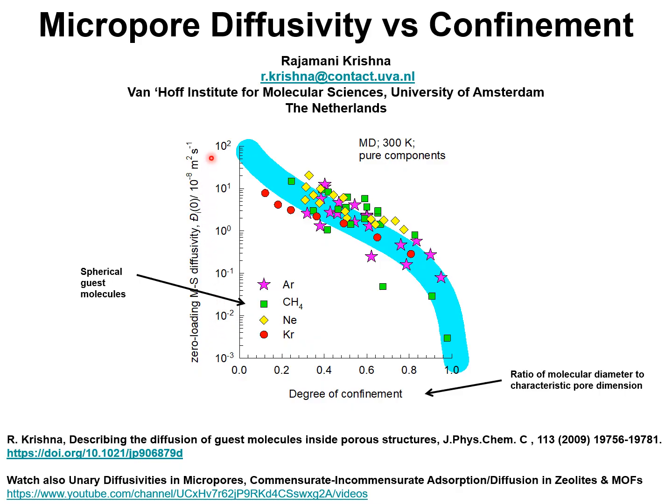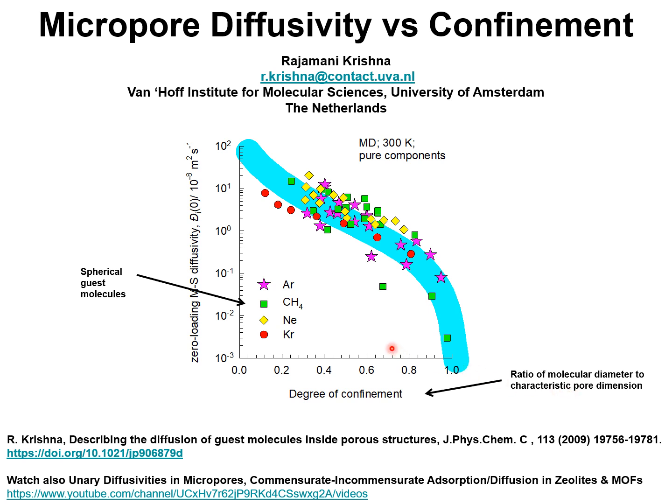I'd plotted the data obtained from MD simulations for spherical gas molecules argon, methane, neon, and krypton as a function of the degree of confinement, where the degree of confinement is defined as the ratio of the molecular diameter to the characteristic pore dimension.